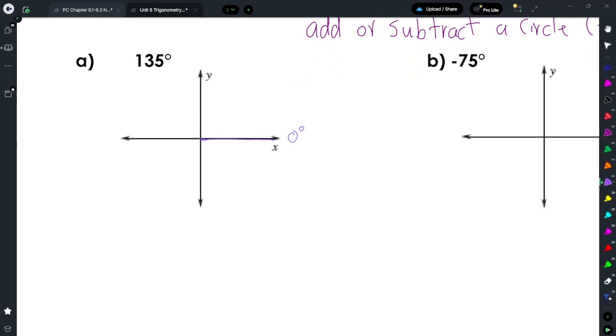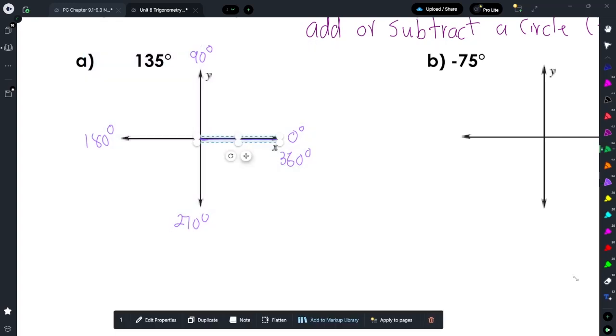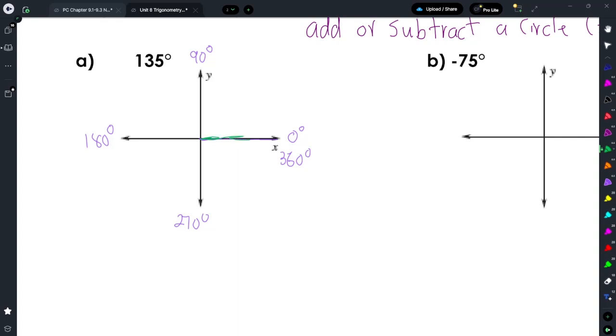Again, it's 0, 90, 180, 270, 360. So 135 will be between 90 and 180. Let me draw my initial side, and then my terminal side will be in there. And since it's a positive angle, it goes this way.